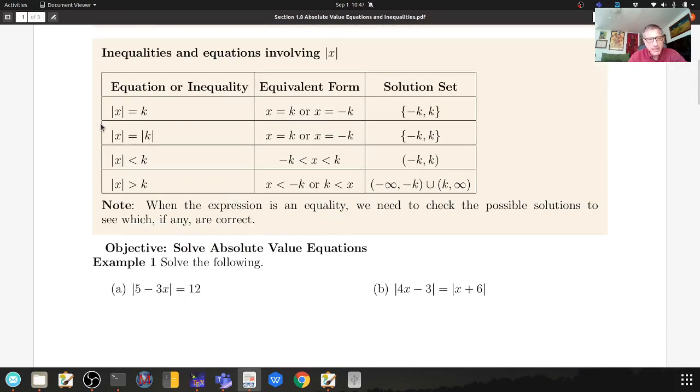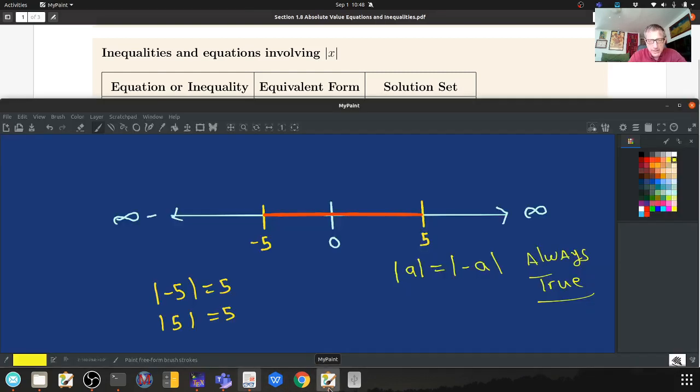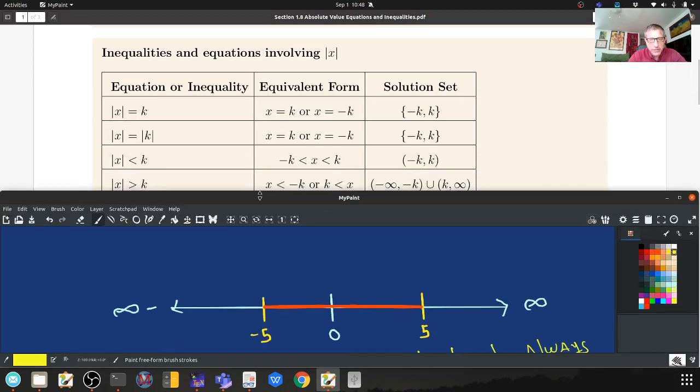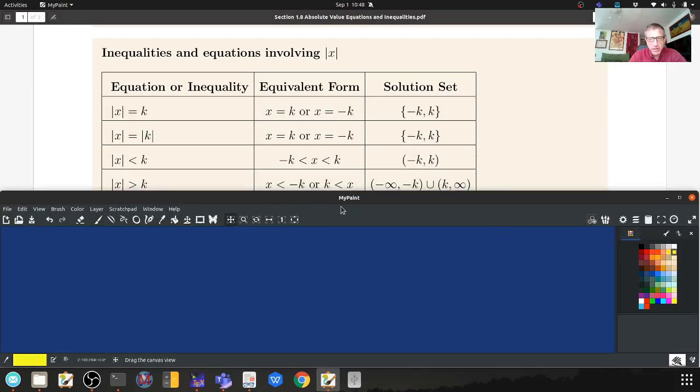Now, if you had intermediate algebra, the first two rows of this table right here you should be familiar with. This says if the absolute value of some number x, and here it's important to remember that for this table, x stands for any unknown number, so the regular meaning of x, or an algebraic expression.